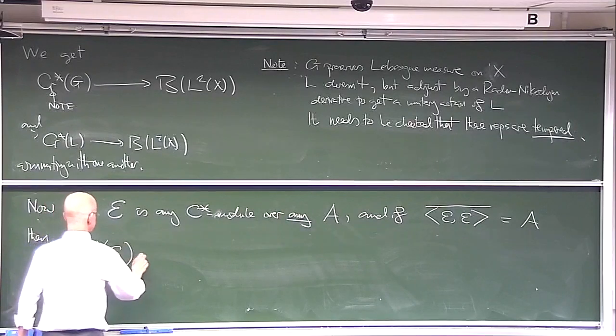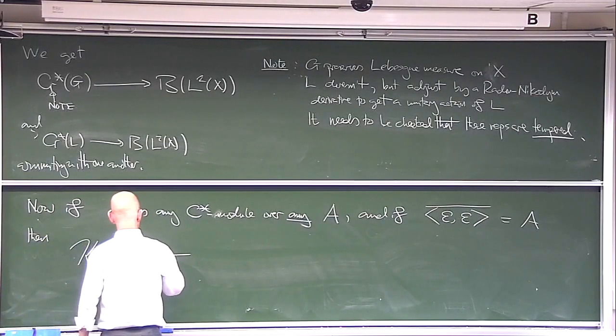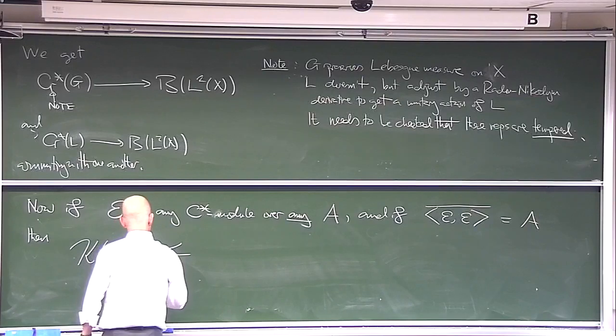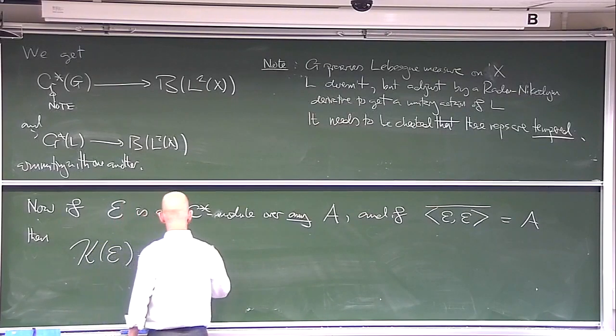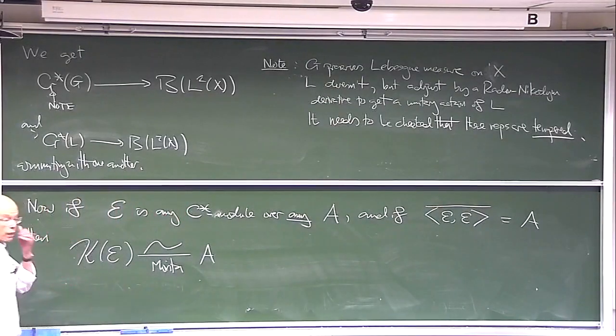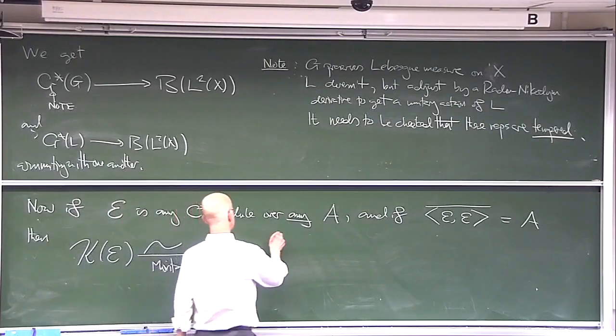Then the compact operators on E is Morita equivalent, in other words, isomorphic in the category of non-commutative spaces, to just A. Here's why.